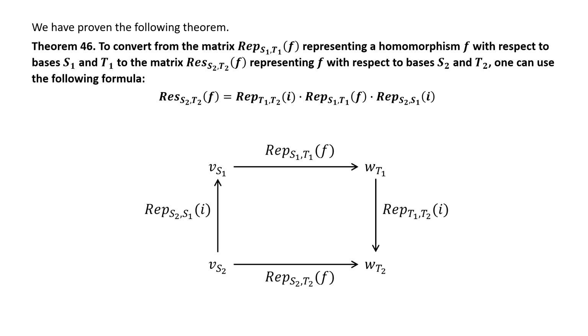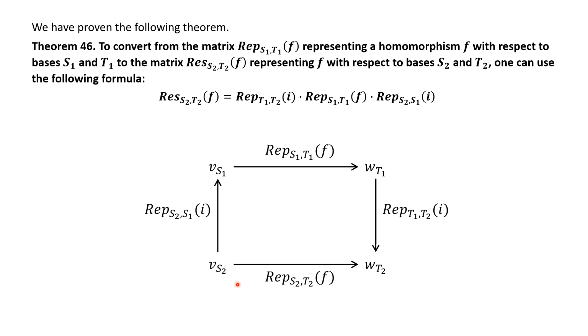This slide is just a recap of what I proved on the previous slide. So theorem 46: to convert from the matrix representation of F with respect to S sub 1, T sub 1, to the matrix representing F with respect to bases S sub 2, T sub 2, we have two different ways of doing it.